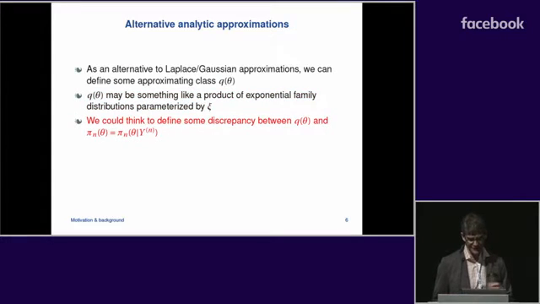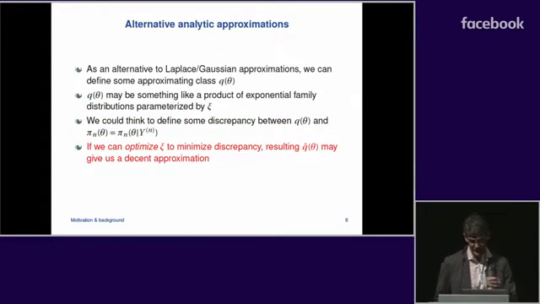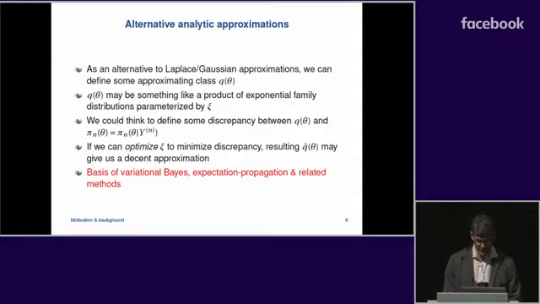And then we could define some type of discrepancy between Q and pi, the target posterior distribution. And if we can then define some type of optimization problem to minimize this discrepancy, the resulting Q hat might give us a decent approximation. Variational Bayes is one flavor of this, but also expectation propagation and related methods.